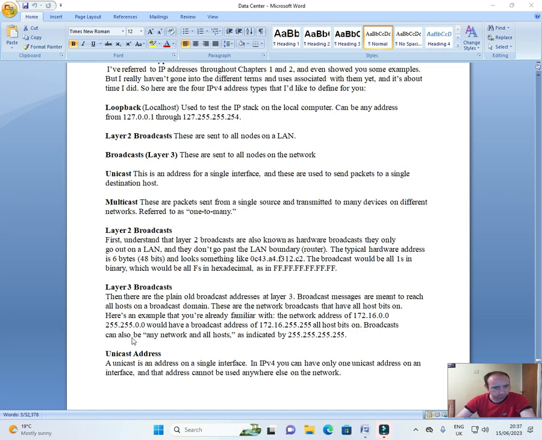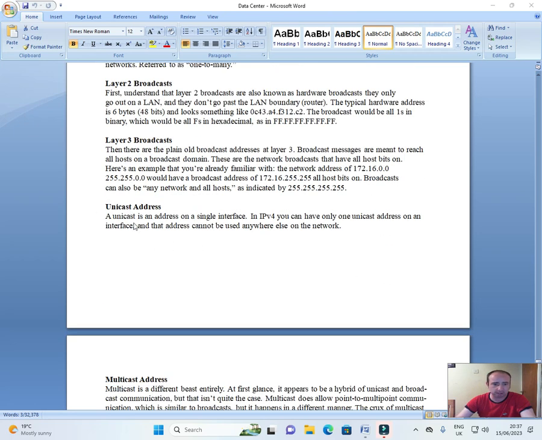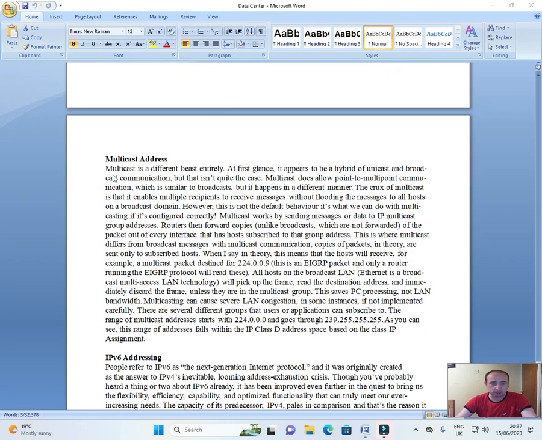Broadcasts can also be any network and all hosts, as indicated by 255.255.255.255. Unicast address. A unicast address is on a single interface. In IPv4 you can have only one unicast address on an interface, and that address cannot be used anywhere else on the network.